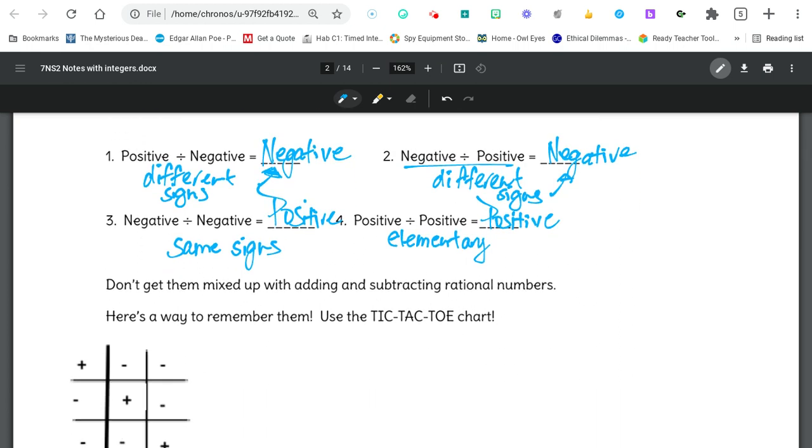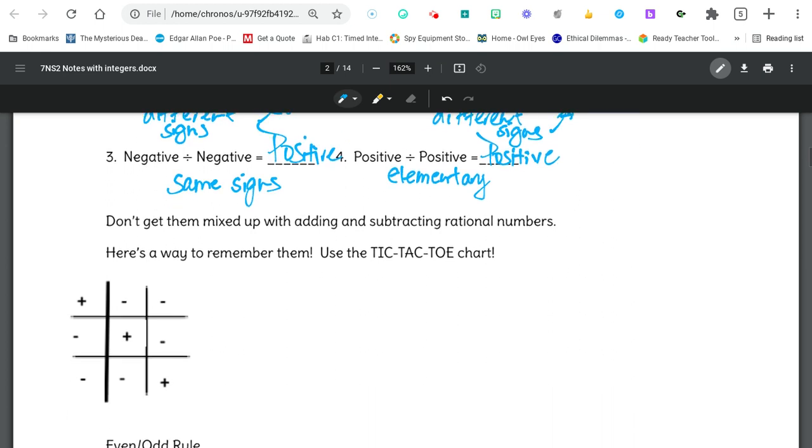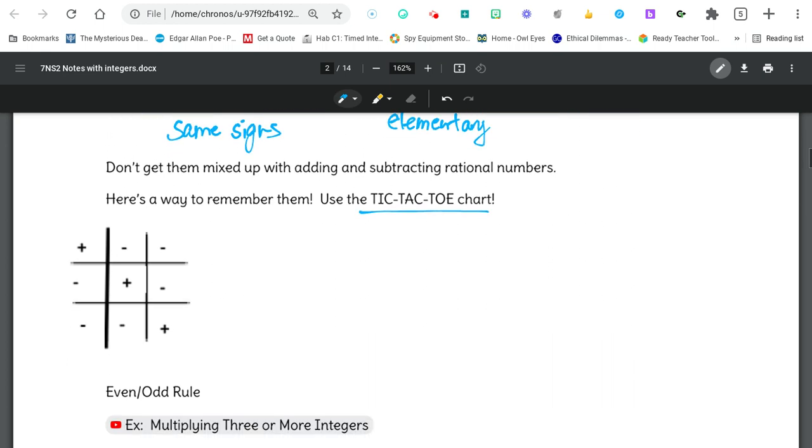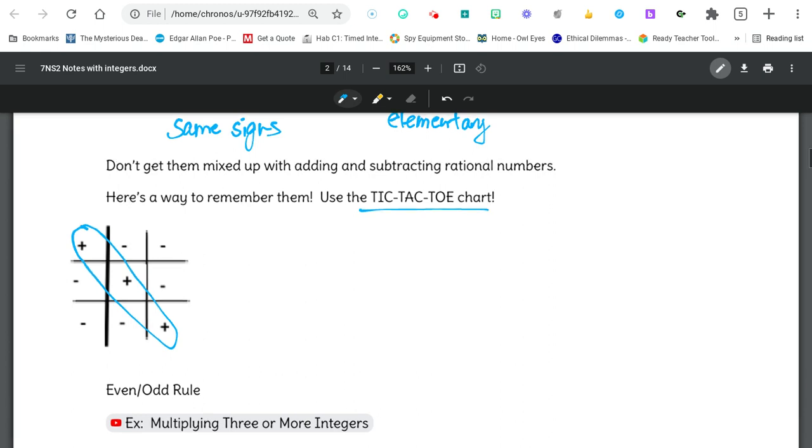All right, if you forget same signs positive, different signs negative with multiplication and division, there are so many other little strategies you can use. I'm going to show you the tic-tac-toe chart. According to this chart, you have a diagonal that goes left to right of all positives. A negative times a negative is a positive.